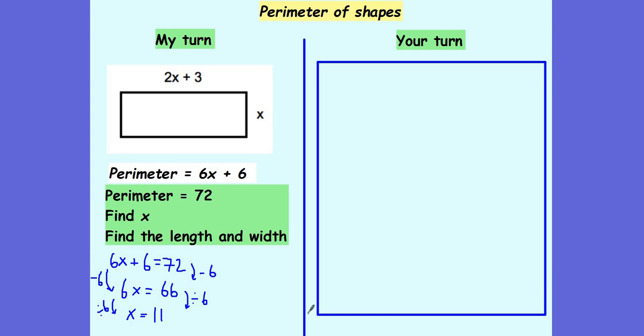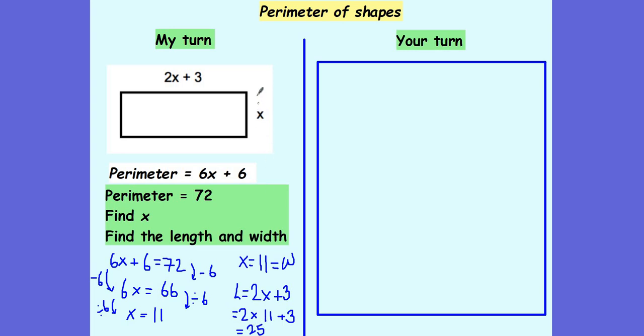But Daisy, is that my final answer? I need to find the length and the width. Now the width of it is just x. So that's the width. But for the length, I need to find 2x plus 3, which gives me 2 times 11 plus 3, which gives me 25.